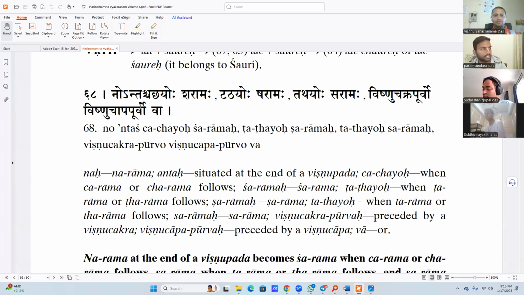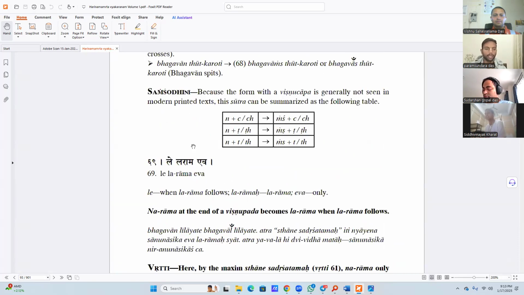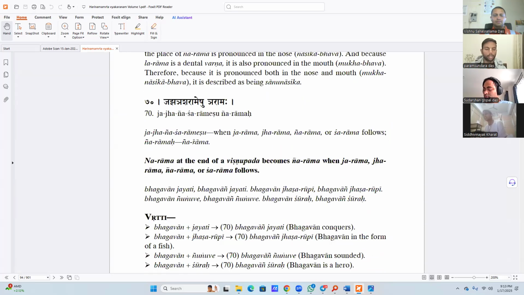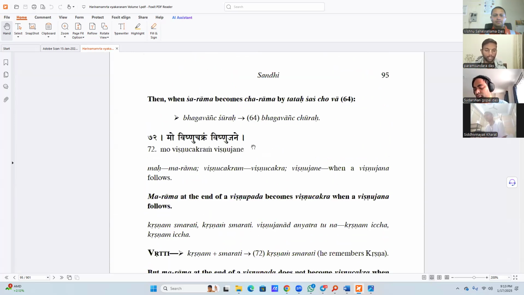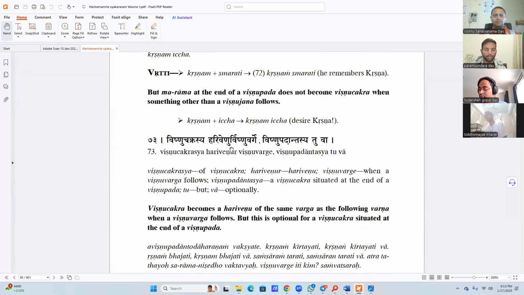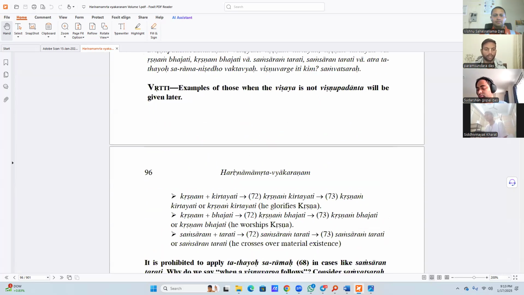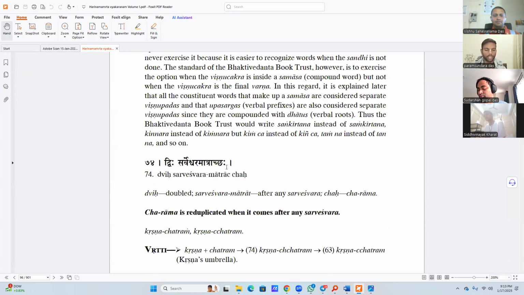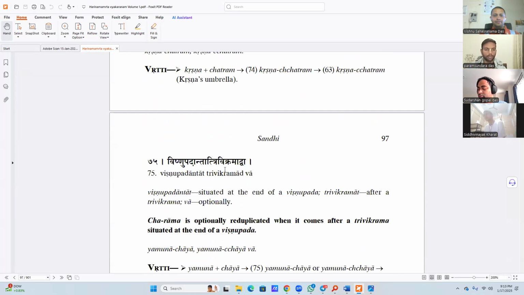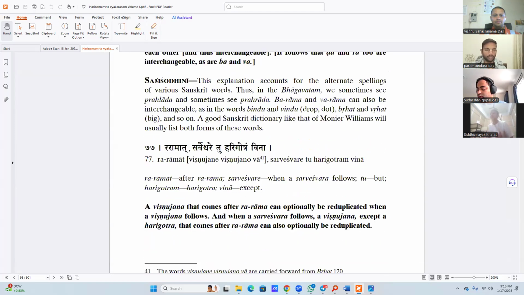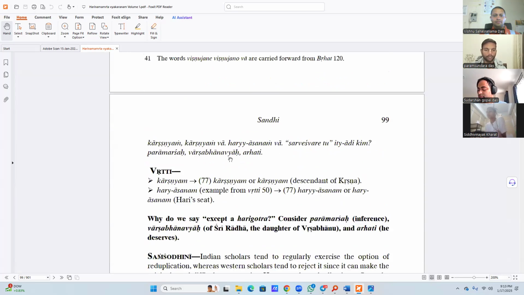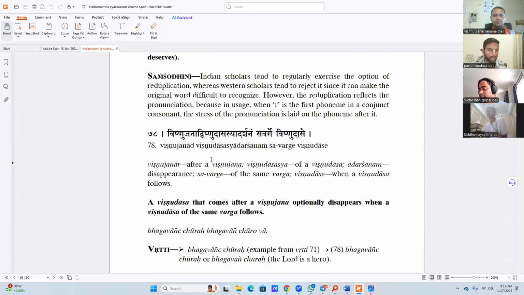This is done in 3 sutras in the Brihat version, but here they have combined it into 1 sutra. Then Lela Rama Eva, Jajhanya Sharameshung Ramaha, She Chantova, Mo Vishnu Chakram Vishnu Jane, Vishnu Chakrasya Harivenu Vishnu Varge Vishnu Padantasya Tuva. Then Dvihi Sarveshwara Matrachaha, Vishnu Padanta Trivikramadva, Vamanat Marnanad Dvihi Sarveshware, Ramat Sarveshware Tu Harigotram Vina, Vishnu Janad Vishnu Dasasya Darshanam Savarge Vishnu Dase.